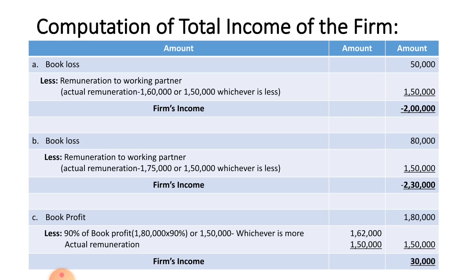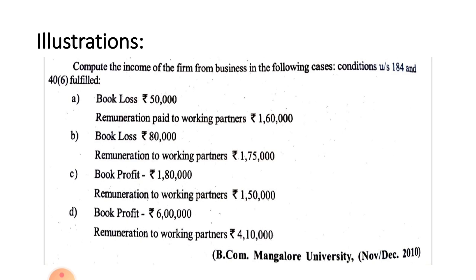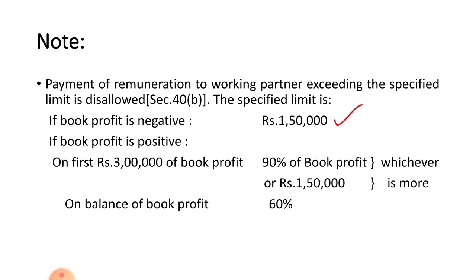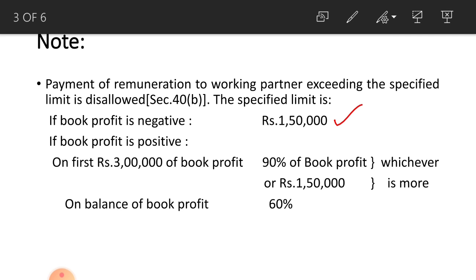And the third one is book profit of 1,80,000, and they paid remuneration of 1,50,000. Here when the book profit is positive, on first 3 lakh of book profit, 90% of book profit or 1,50,000, whichever is more you have to consider.